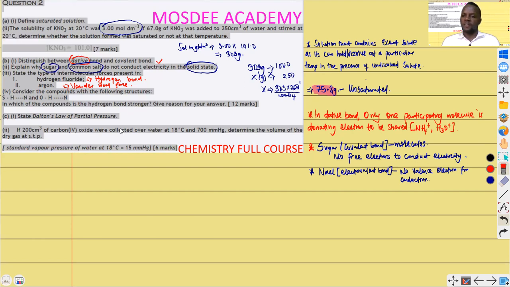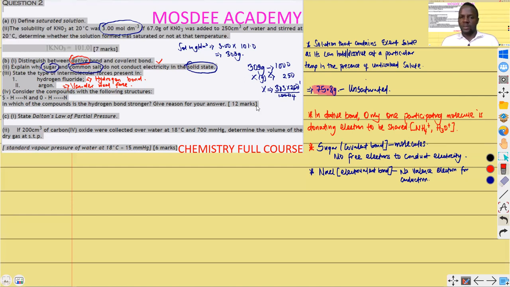Well, fine. It's not that hard because we can see hydrogen bond will be stronger in the second one because oxygen is more electronegative than sulfur. I've given you the chain of electronegativity.